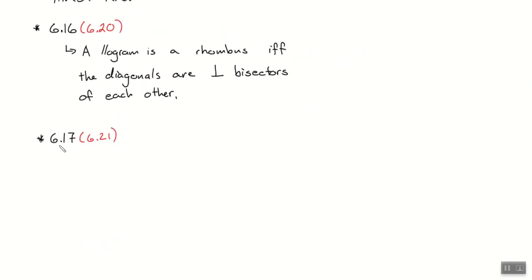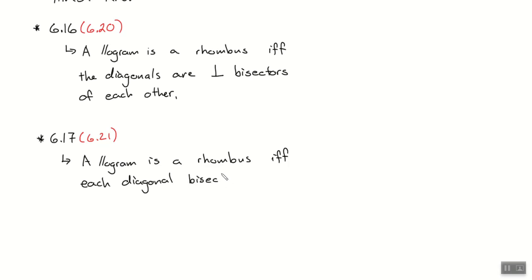6.17. We'll say that, but we're going to see if we can't make it a little bit nicer. A parallelogram is a rhombus if and only if the diagonals, or each diagonal rather, if and only if each diagonal bisects the opposite interior angles of the rhombus.